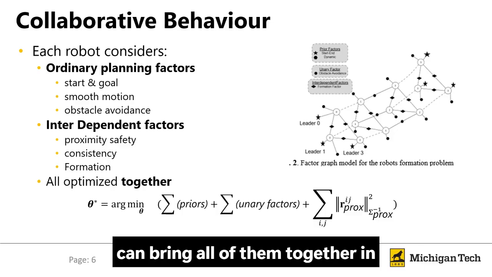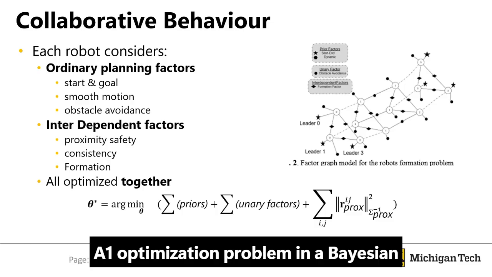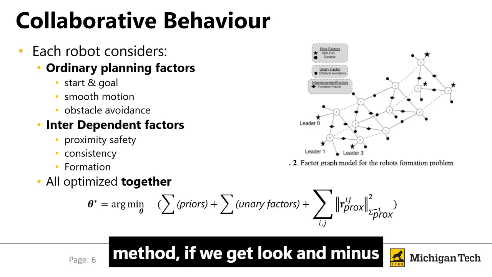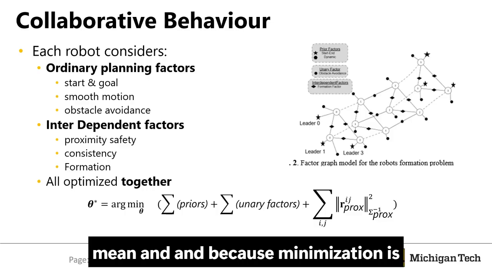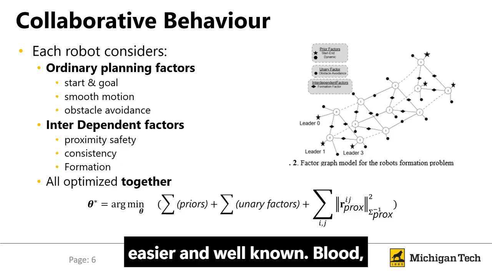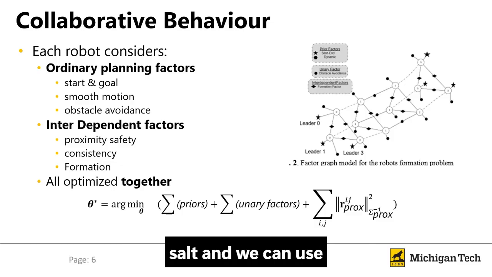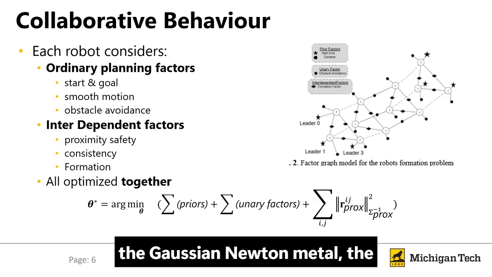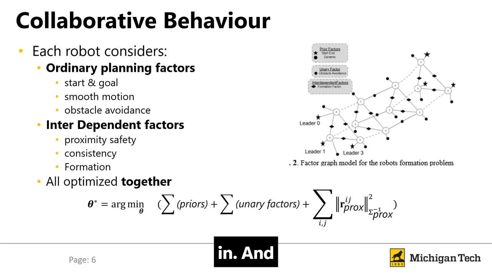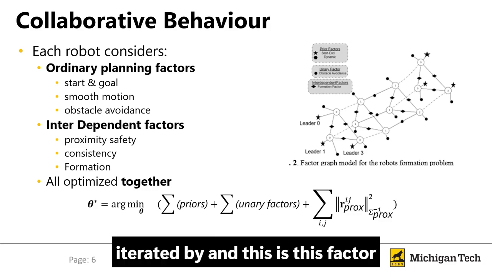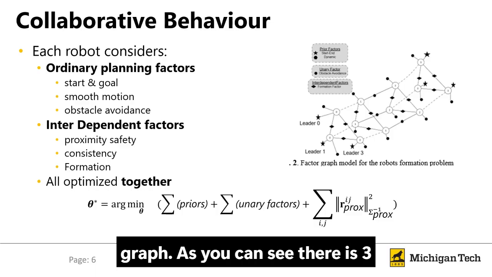We can bring all of them together in one optimization problem in a Bayesian method. If we take the log and the minus log, we can turn it into a minimization, which is easier and well known to solve, and we can use the Gauss-Newton or Levenberg method to solve this in an iterative way.